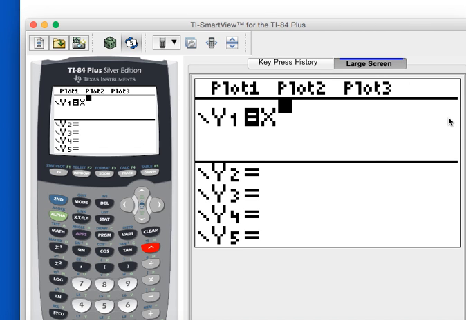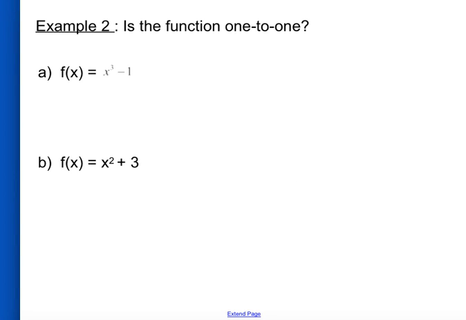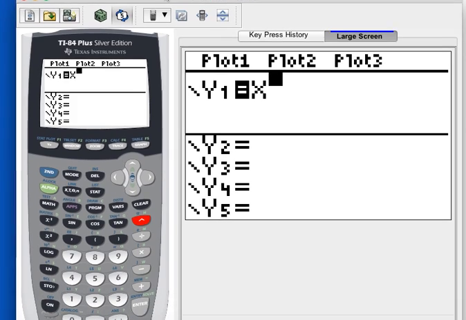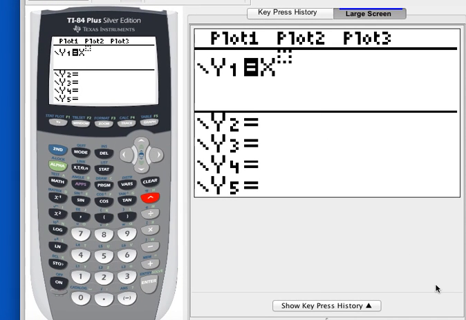Let me move this. Sorry about that, it's kind of whipping around a little bit. There, we'll move it up so you can see it better. All right, so x to the third, and then minus 1. I'm going to go ahead and graph that out.